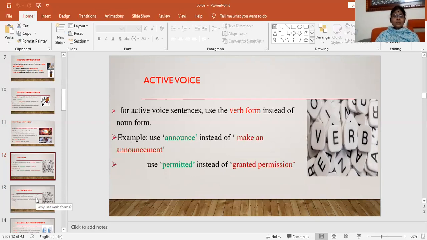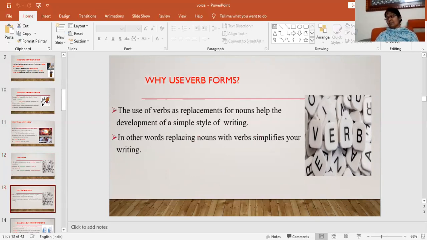Now, the next question that you ask me is, why should we use verb form? Why should we not use noun form? Now, the answer to this is that the use of verbs as replacement for nouns helps the development of a simple style of writing. In the previous example, we said Raj dropped the glass of milk instead of saying it in a very complicated way, right?